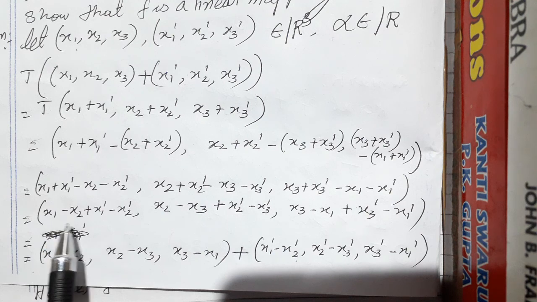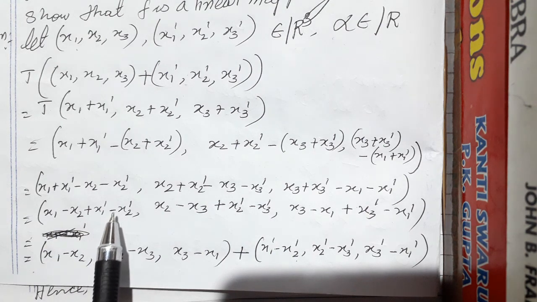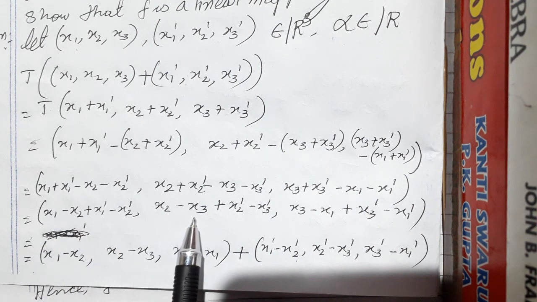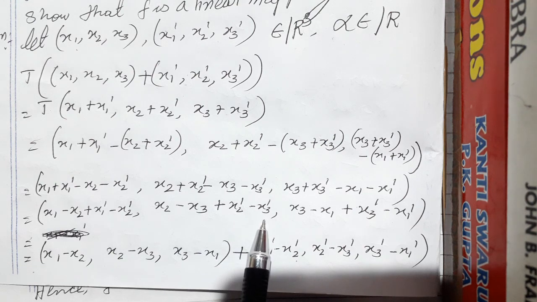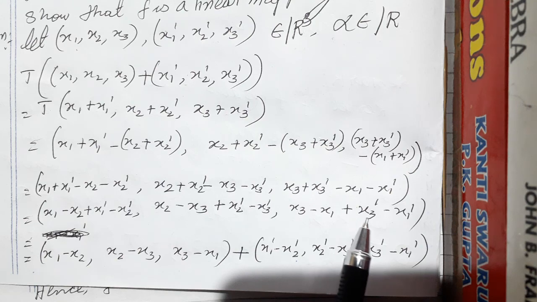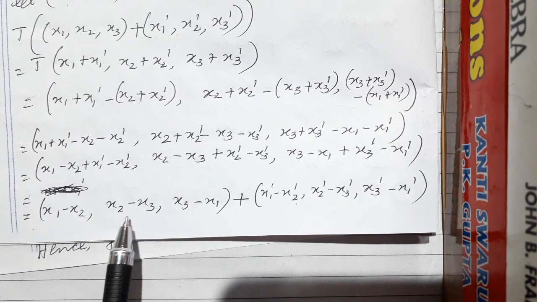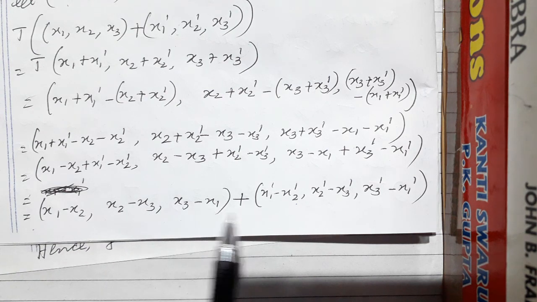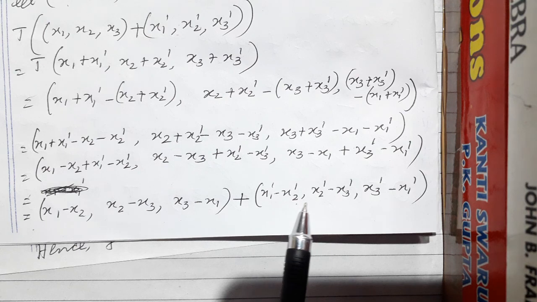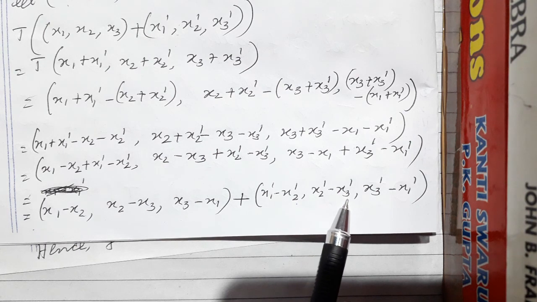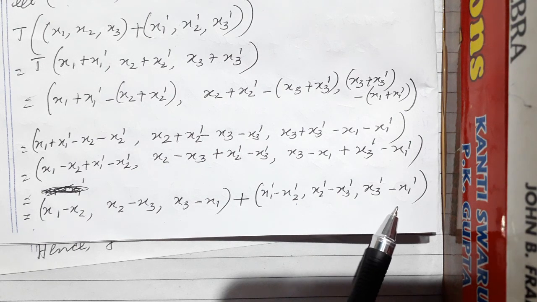So we have x1 minus x2 plus x1 dash minus x2 dash, x2 minus x3 plus x2 dash minus x3 dash, x3 minus x1 plus x3 dash minus x1 dash. We can separate this into two coordinates: (x1 minus x2, x2 minus x3, x3 minus x1) plus (x1 dash minus x2 dash, x2 dash minus x3 dash, x3 dash minus x1 dash).